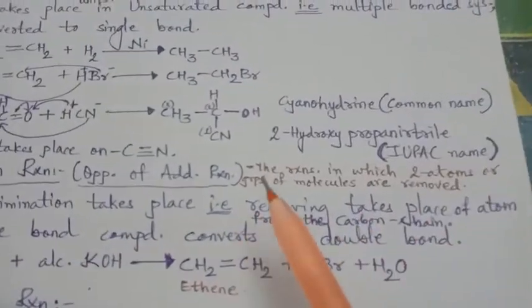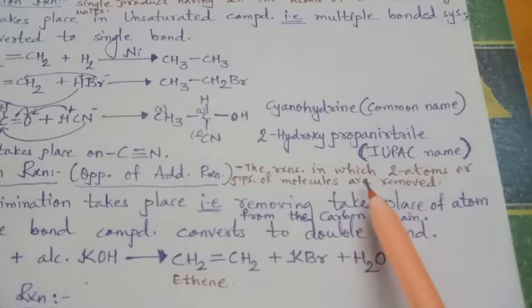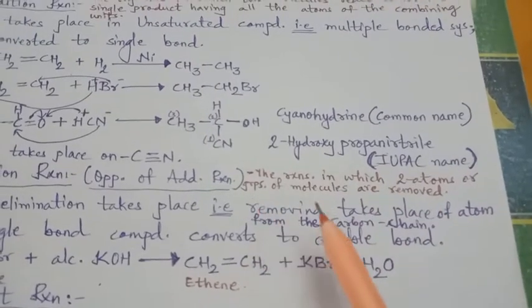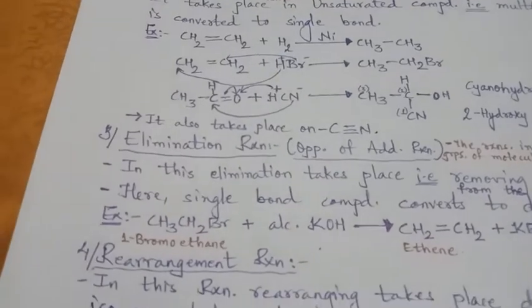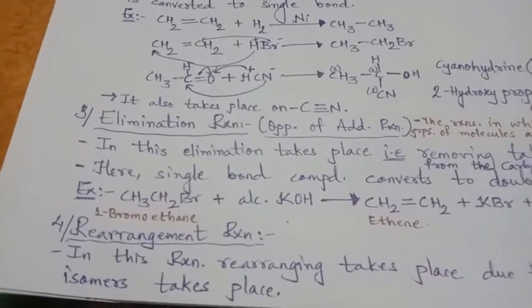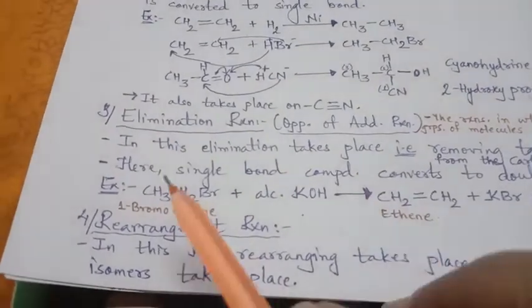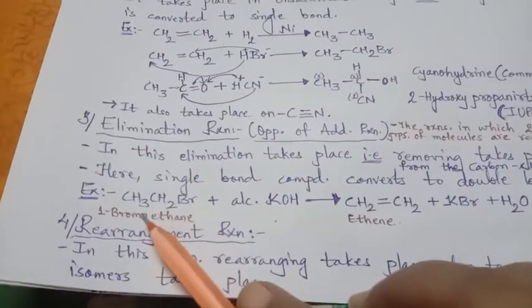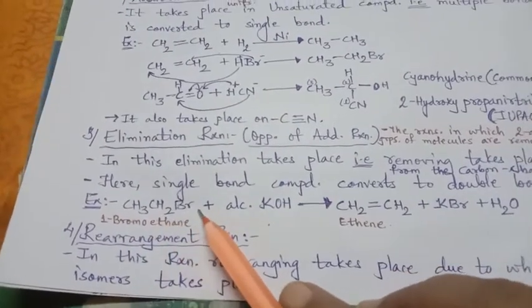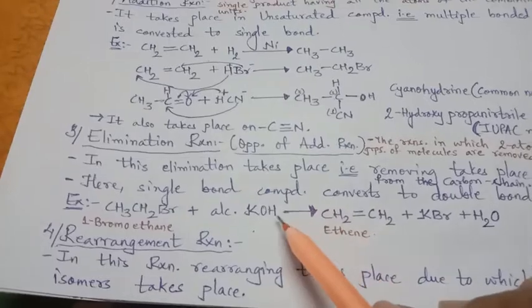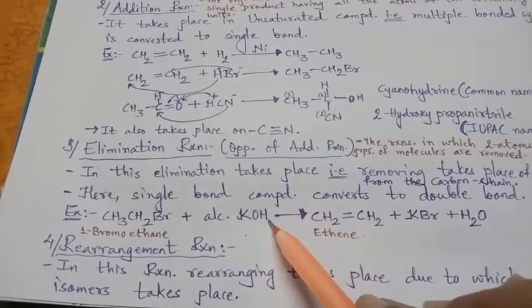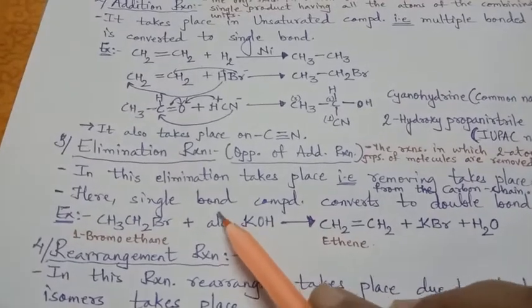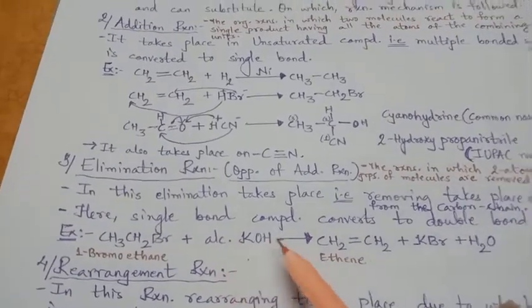So what can we define? The reactions in which two atoms or groups are removed from the carbon chain are elimination reactions. Let us see one example: CH3CH2Br plus alcoholic KOH. Now in organic chemistry, the reacting reagents as well as the medium are both very important.